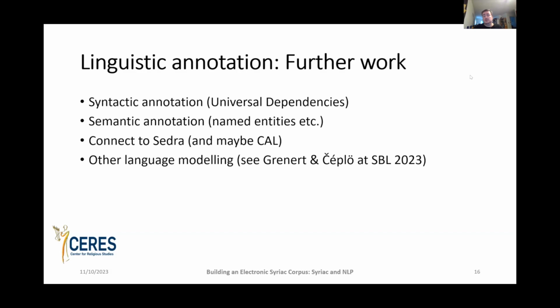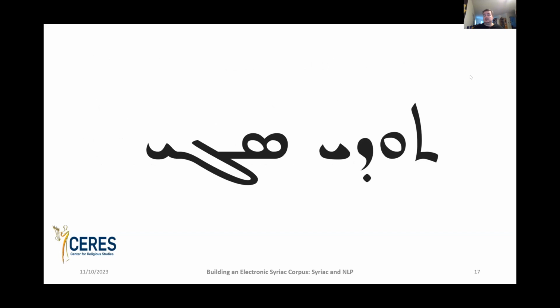And of course, we're going to be doing a bunch of other language modeling. As it so happens, I think next week at SBL, I will be presenting a paper showing the results of this sort of language modeling. And that is basically it. Exciting times ahead. Thank you very much for your attention.